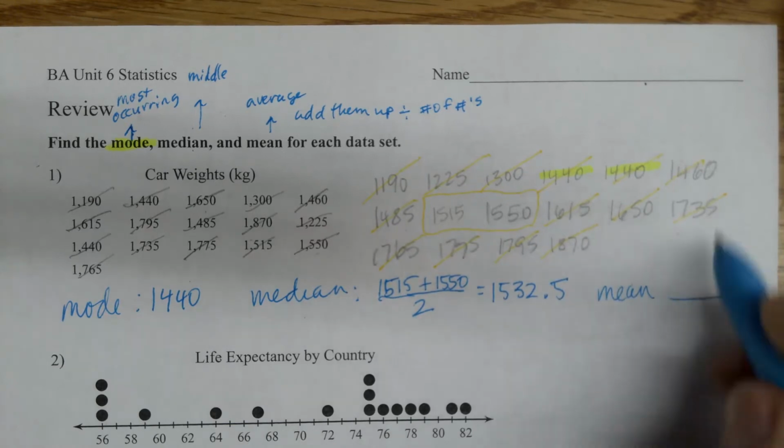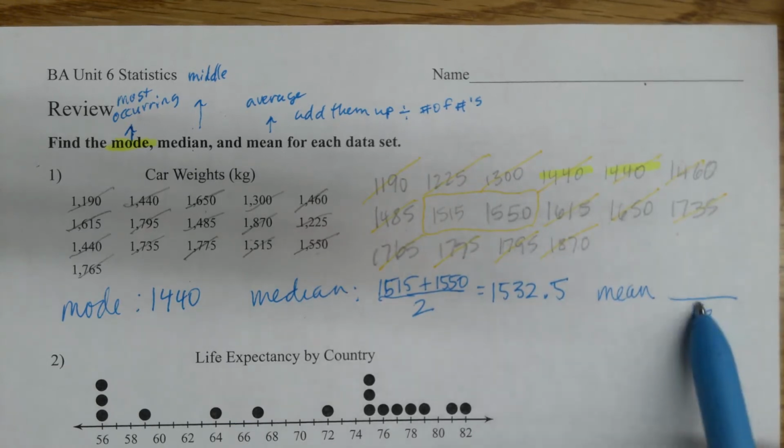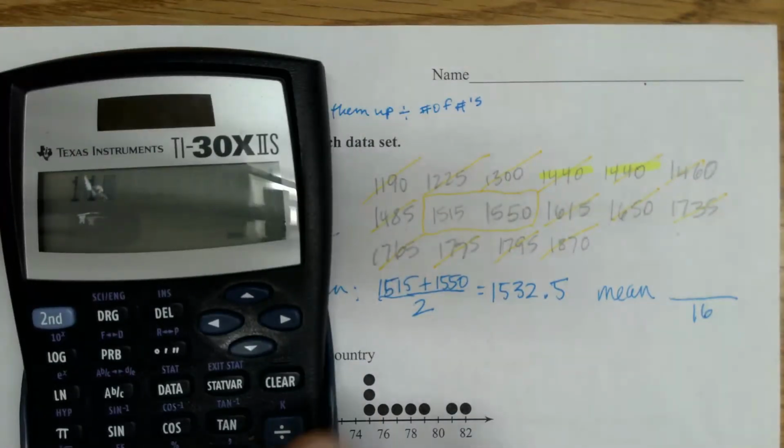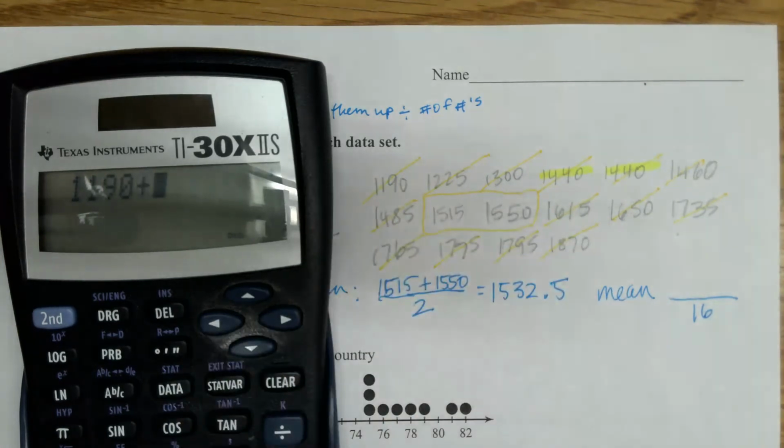Lastly, I'm going to find the mean, and remember the mean is the average. And so I said earlier I'm going to divide by 16. So I have to add up all these numbers, and I just take my calculator and add them up. 1,190, plus, and just go in and add them all.